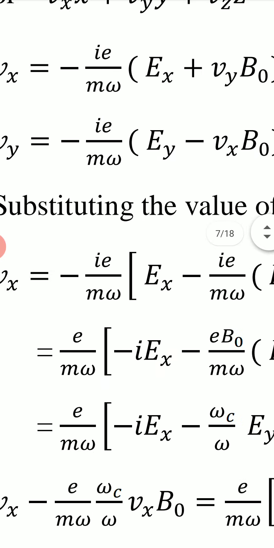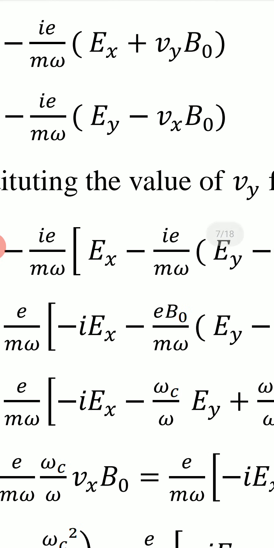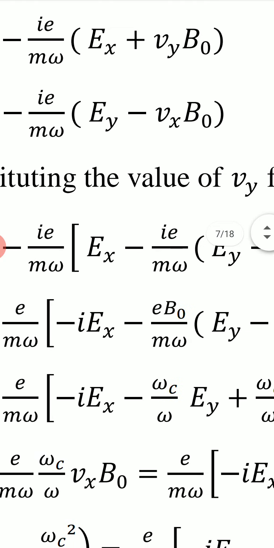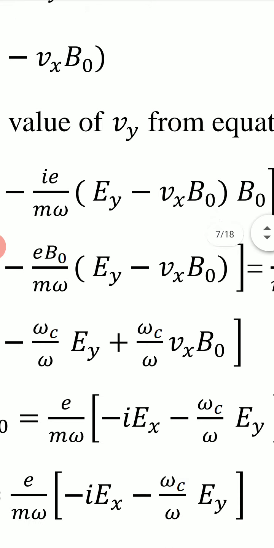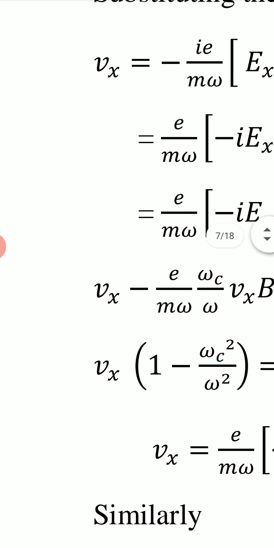Then Vx will be equal to minus i e upon m omega into Ex, plus here we put the value of Vy, which is minus i e upon m omega into Ey minus Vx B0, and we get the value of Vx as this.